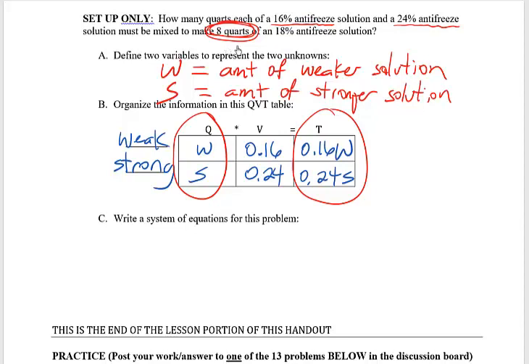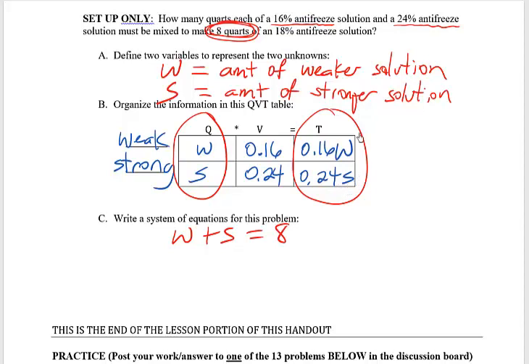That's a total. Total makes me think add. So my first equation is simply, look, if you take the liquid from the weak one plus the liquid from the strong one, you're going to end up with that 8 quarts in all. Maybe it's 6 quarts and 2 quarts, or 3 quarts and 5 quarts. I'm not sure yet. But the total of those two liquids has to be the 8 quarts.